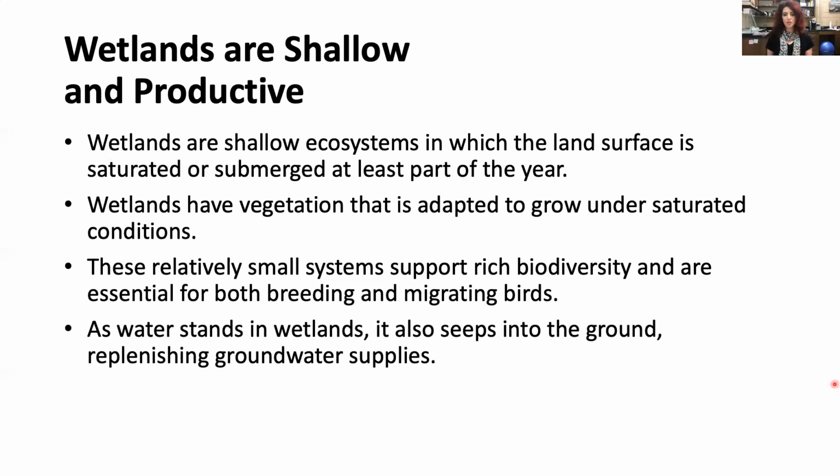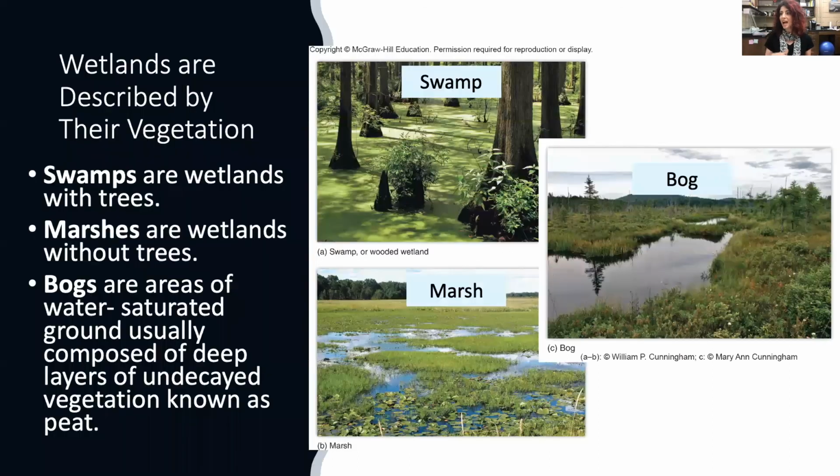And floodwater storage is worth about 3 to 4 billion per year in the US. And so, therefore, by preserving these wetland ecosystems, we really do ourselves an economic service by using their natural capabilities. So we have different types of wetlands and we describe them by their vegetation.